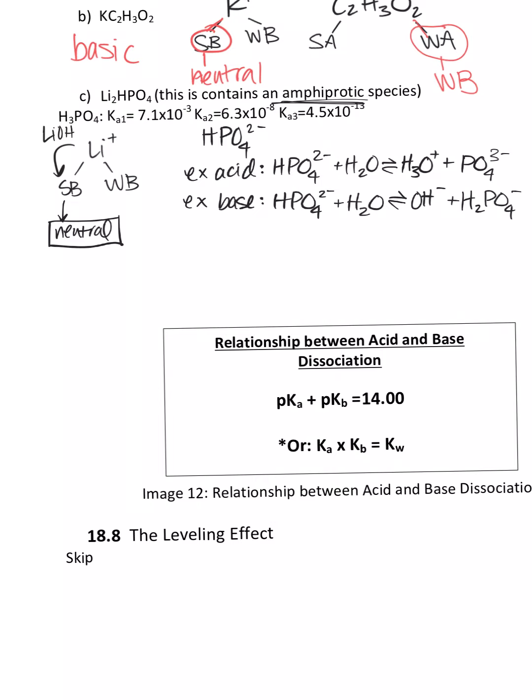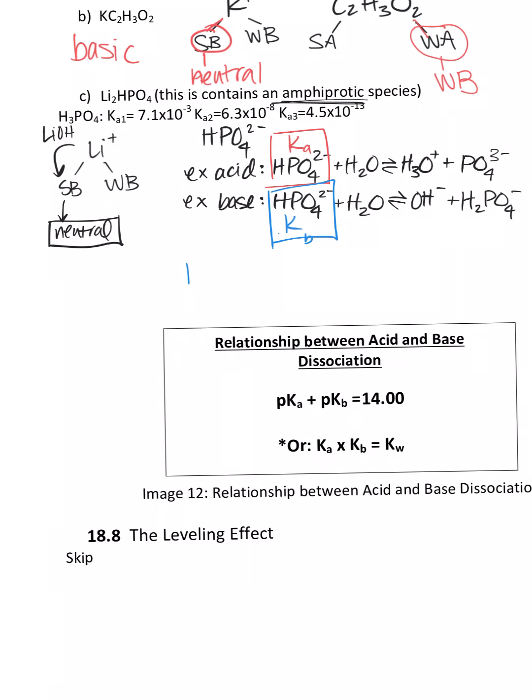So what I need to do is find the Ka of hydrogen phosphate, and compare it to the Kb of hydrogen phosphate, and see which one is stronger.